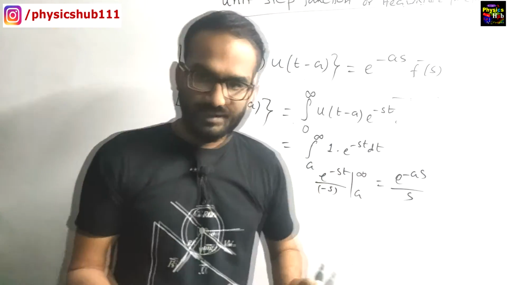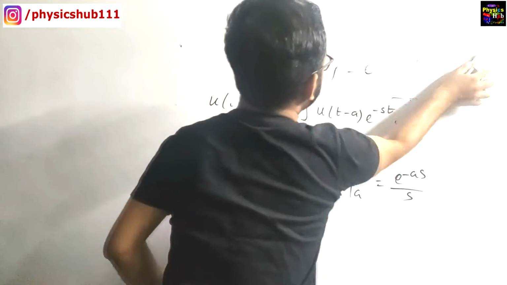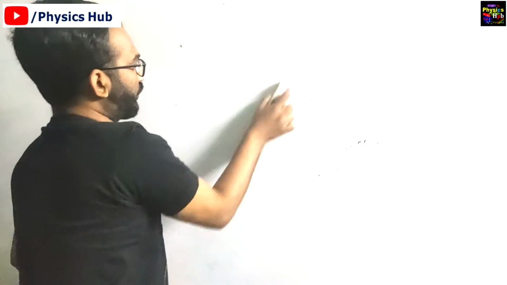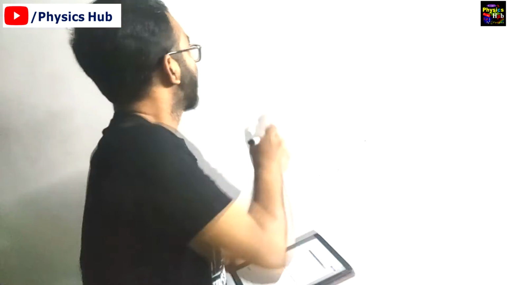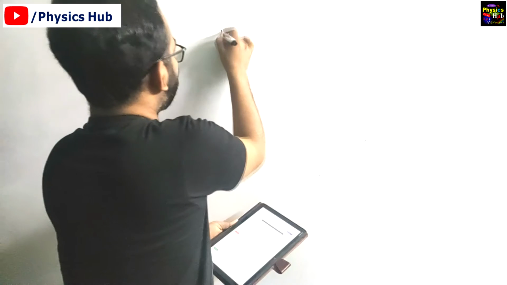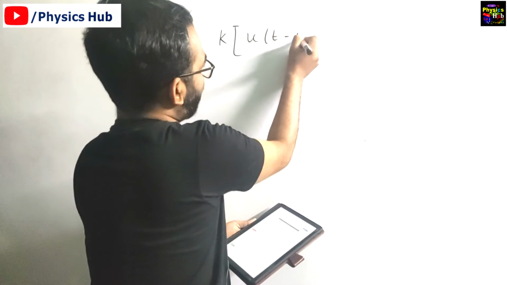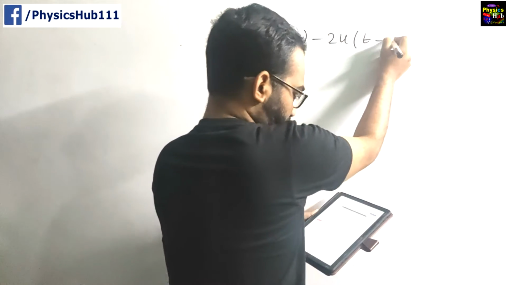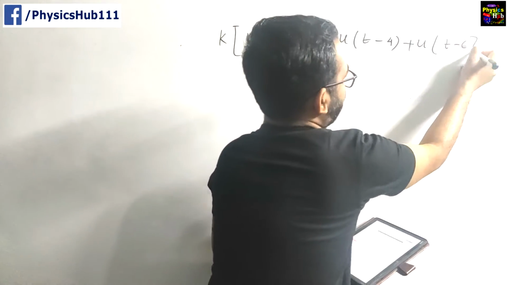Now let me give you an example. Let's try to plot a function involving unit step functions. The function is k into u of t minus 1, minus 2 u of t minus 4, plus u of t minus 6.